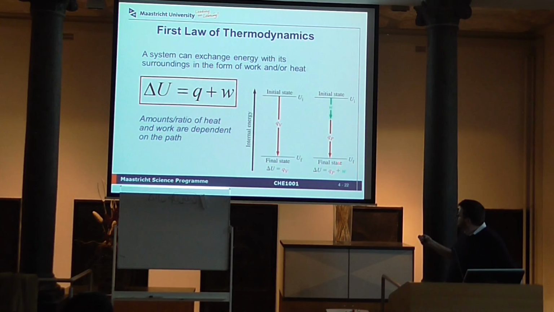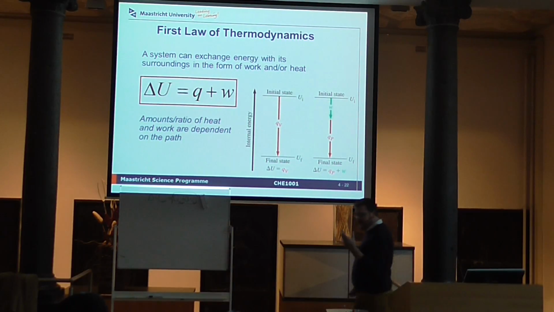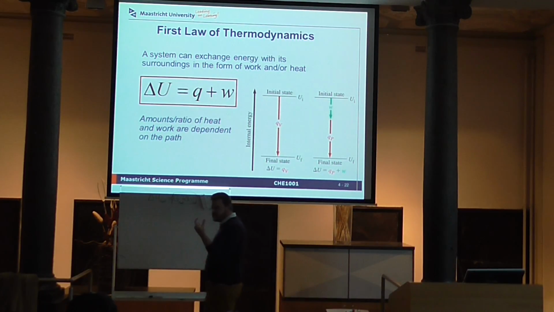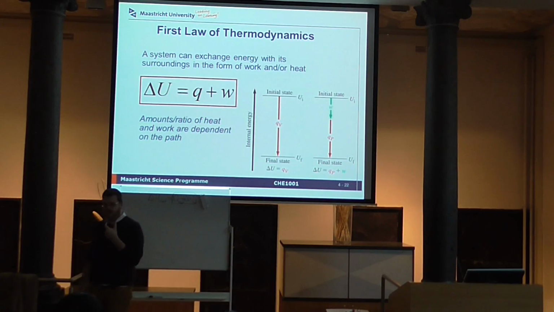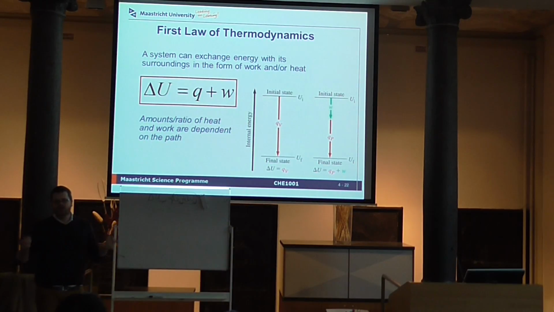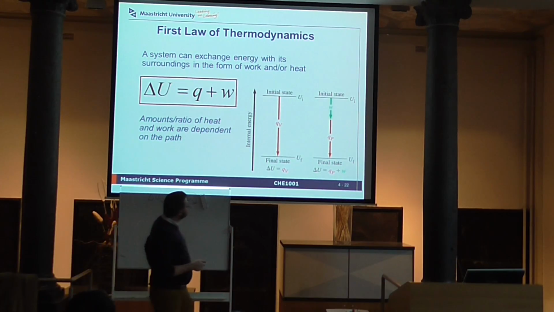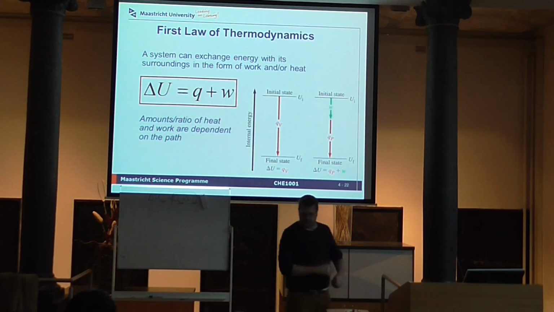Here it's QP plus W. In other words, what I'm trying to illustrate is that I end up with the same change in the internal energy of that thermodynamic system, but I can do it in two ways. I can do it by just heating it, or I can do it by work and heat, which is essentially a reflection of this expression over here. Those are just arbitrary subscripts, don't worry about that.